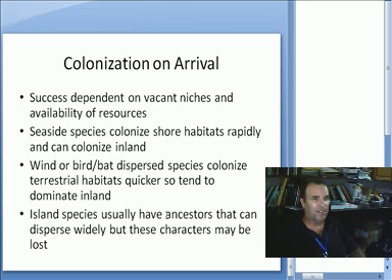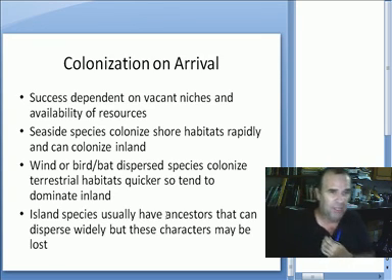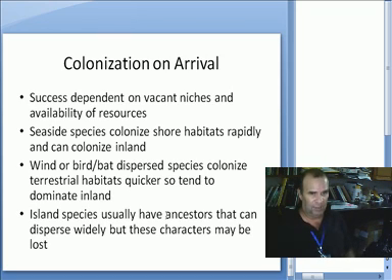That success is really based on whether there are resources there which are not being utilized, whether they are available, and therefore the niches they represent are vacant. If the resources are available and the niches are vacant, then there is really no reason why the species cannot successfully colonize the island.